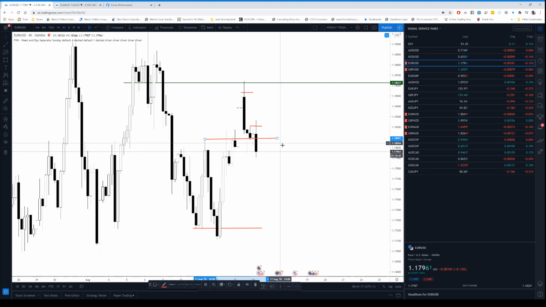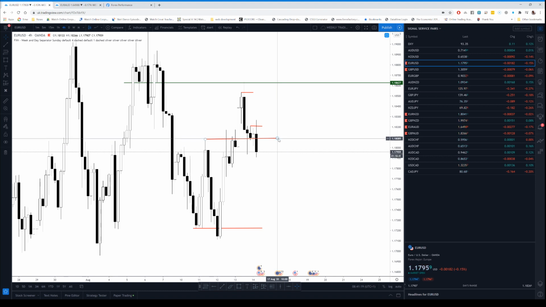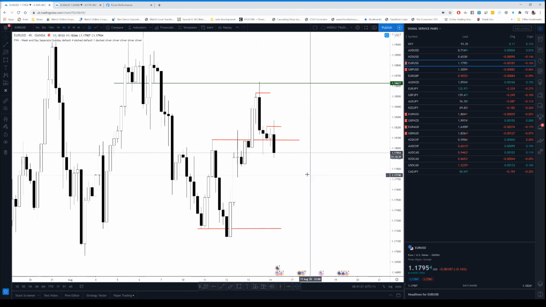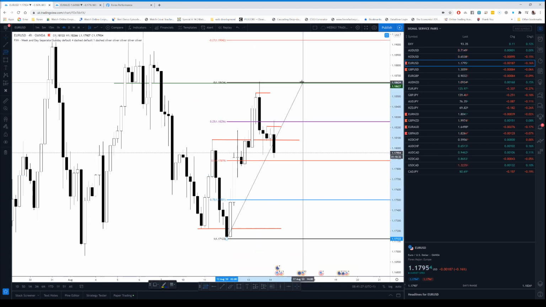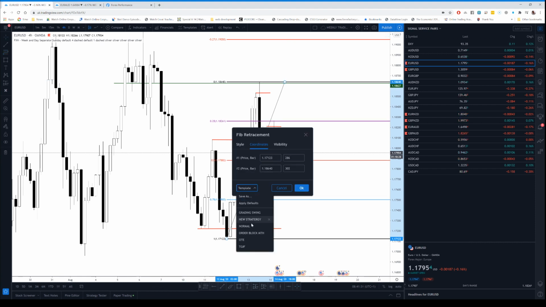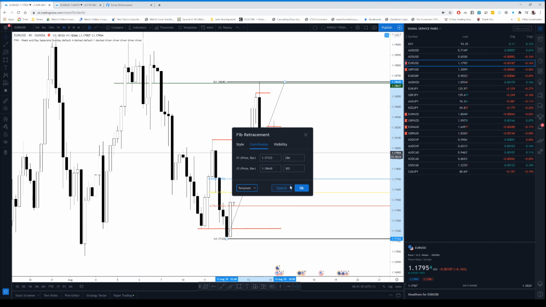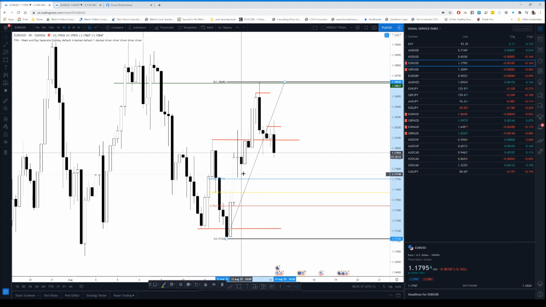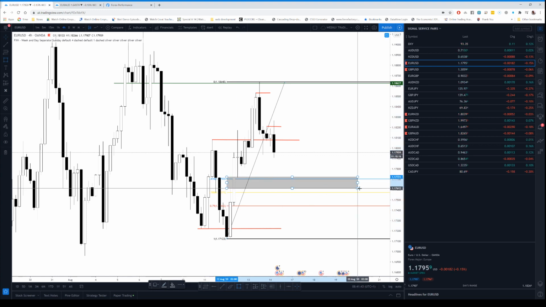So with this, we are assured that if we measure this high to that low, at least the 618 retracement level will be possible. Yeah, 618 level, which is also something I might teach in future.